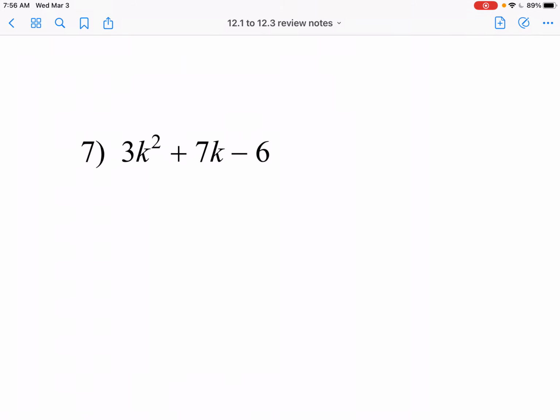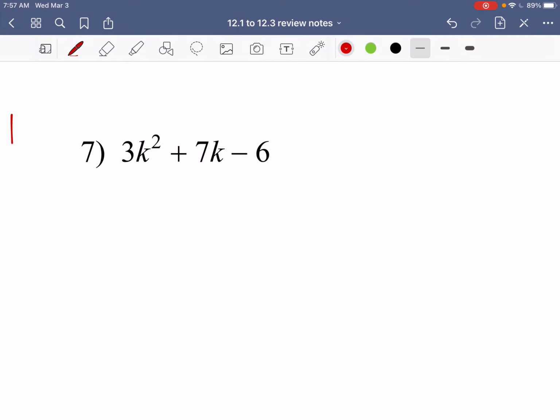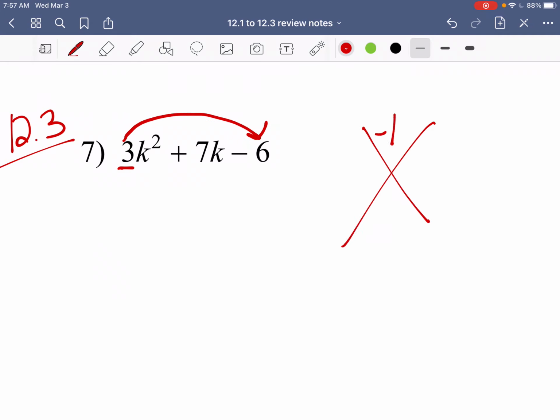Alright, 7 is where we started doing 12.3, which was slip and slide. So for number 7, because there's an a value of 3 and there's no GCF, you're going to multiply the a times the c, which gives you negative 18. So I'm going to rewrite the problem.